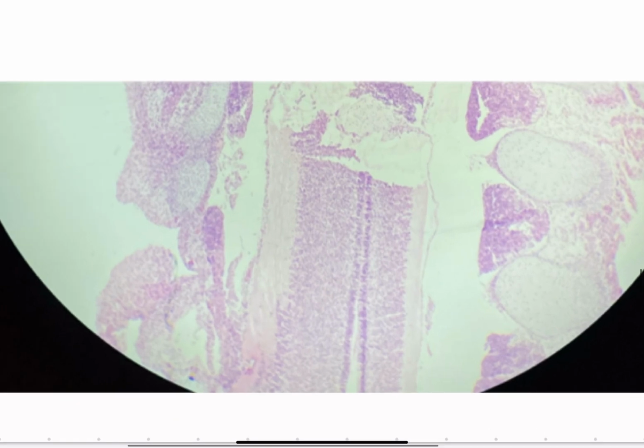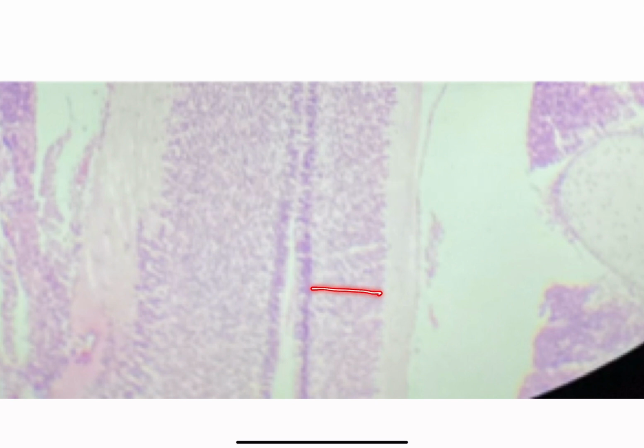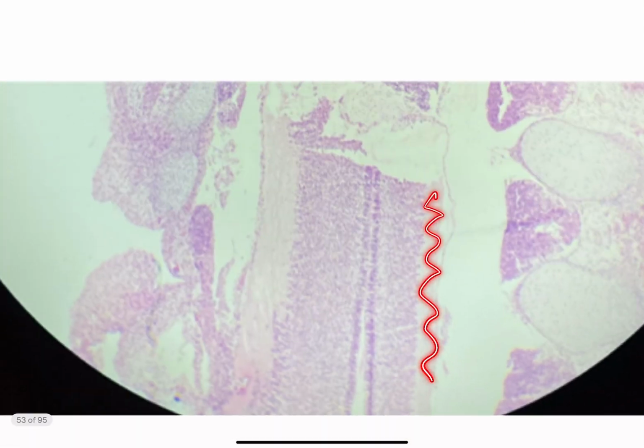So here we can see the canalis centralis. We see the darker inner layer here of all of these cells known as the ventricular zone, the larger, lighter area, not as dark as the ventricular zone, but not as dark as the marginal zone either, known as the mantle zone. And then, of course, the marginal zone right here, which is the lighter.